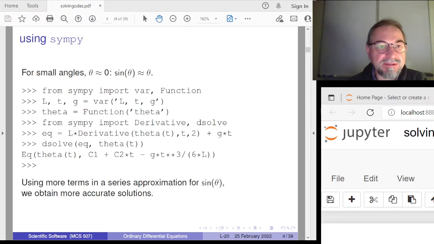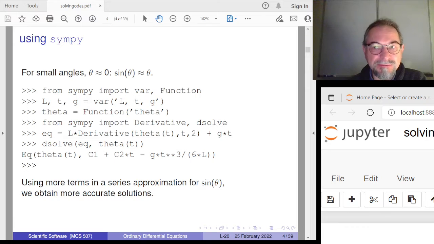Okay, so let's make a first attempt with SciPy. SciPy cannot solve this if we leave the sine in, but assume that we are working with small values of theta, then a first order approximation is to replace the sine of theta by theta. A higher order approximation would take more terms in the power series.